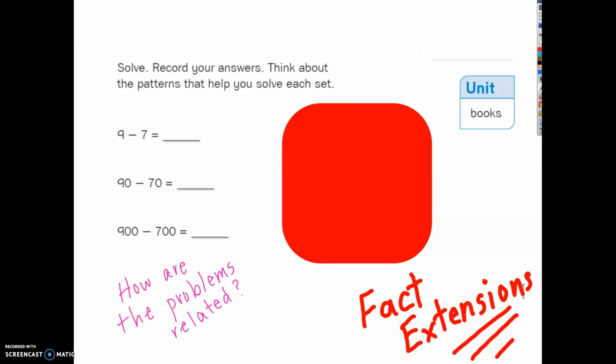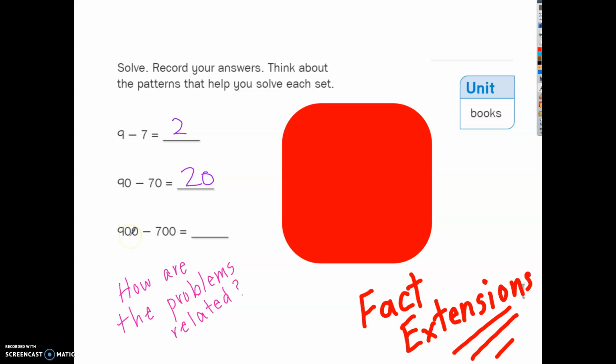So we are going to work on some problems, and then we're going to work on some fact extensions. What I mean by that is, first of all, let's look at the problems on the left-hand side. 9 minus 7 is 2. If I have 90 and I take away 70, I'm going to have 20.